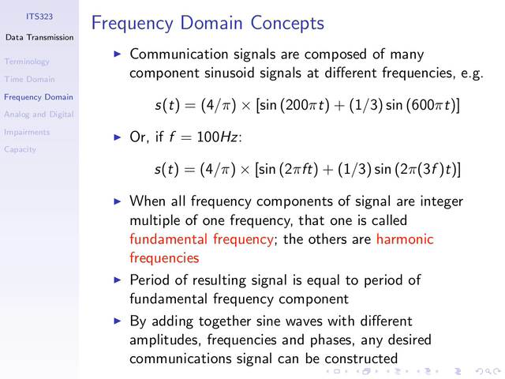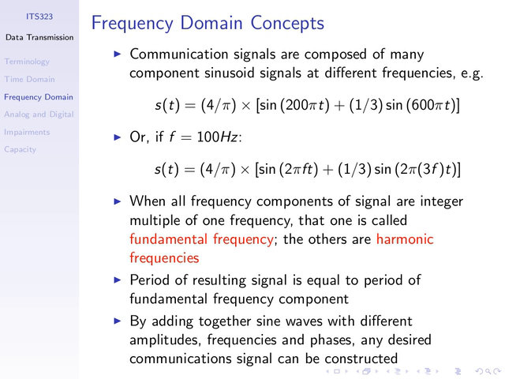The frequency of component A is 100 Hertz, which means within 1 second there are 100 repetitions. If this is 0, then 1 is somewhere out here after 100 repetitions. The period of a single cycle is simply the inverse of the frequency.